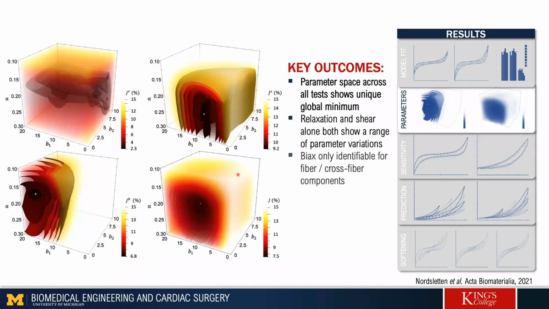Okay, so the next thing we wanted to look at were the parameter spaces. These four plots are showing the objectives for a given test. If we just focus on all the relaxation tests, this is the parameter space for that. In this case, we can break the parameter space up into two groups of parameters. One is a linear group.